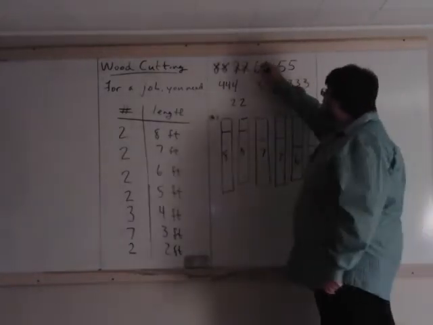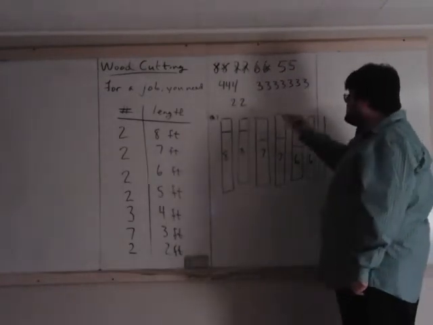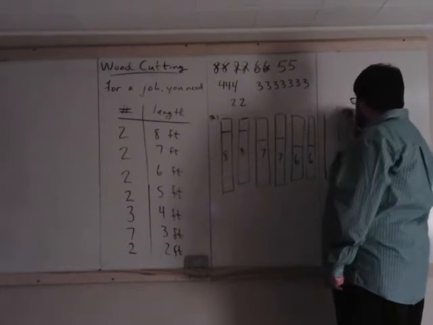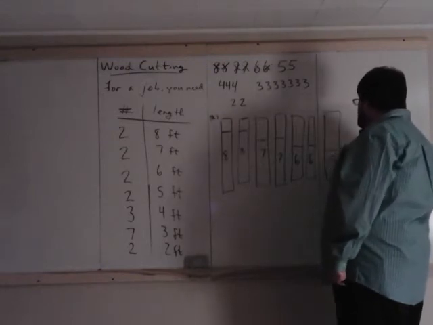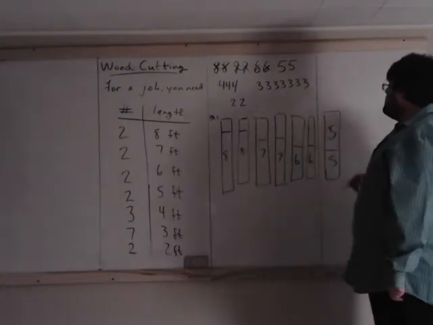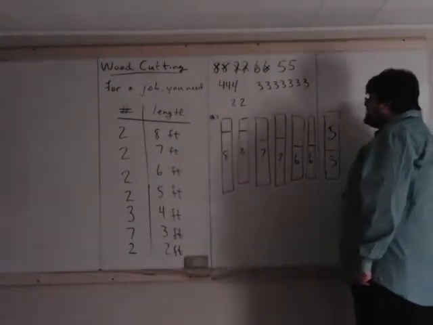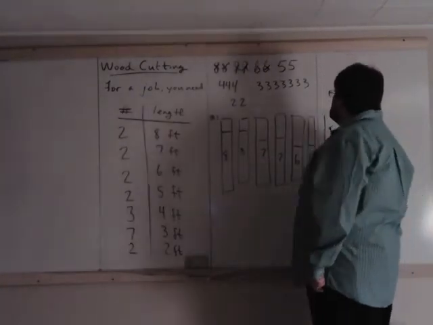Now what about 5? Well, that's length 4, that's length 3, that's length 2. So 5 needs a new board. But the second 5, you'll notice, we can put right up there. I'm actually going to change this problem slightly.